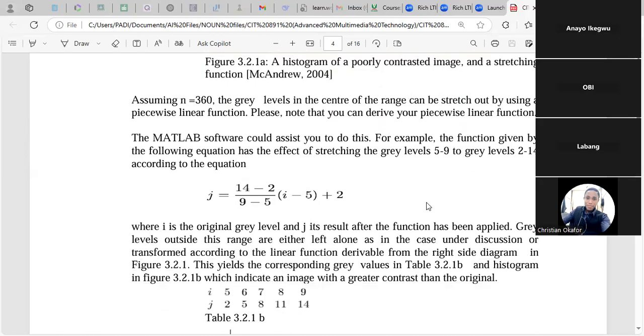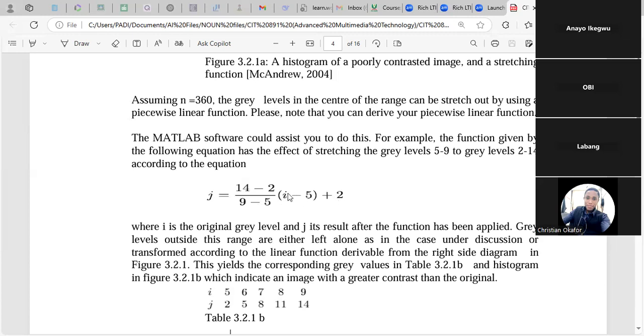For example, a function given by the following equation has the effect of stretching the grade level from 5 to 9 to a grade level from 2 to 14 according to the equation. You see, J equals (14 minus 2) over (9 minus 5), times (I minus 5), plus 2.